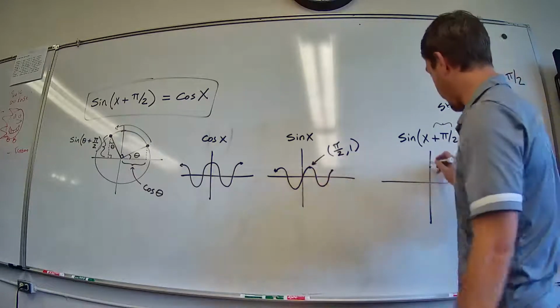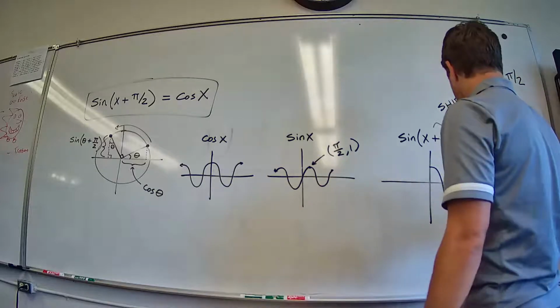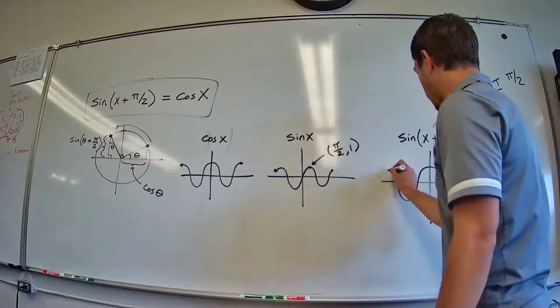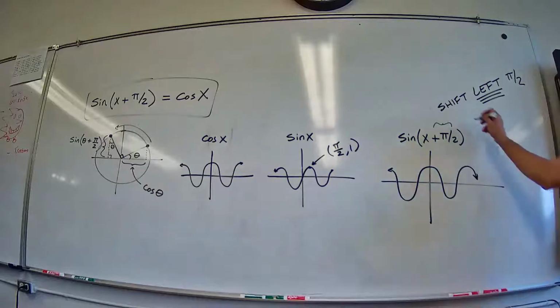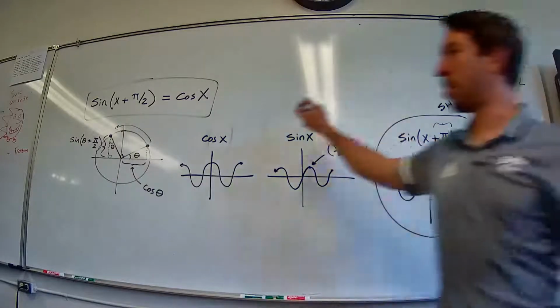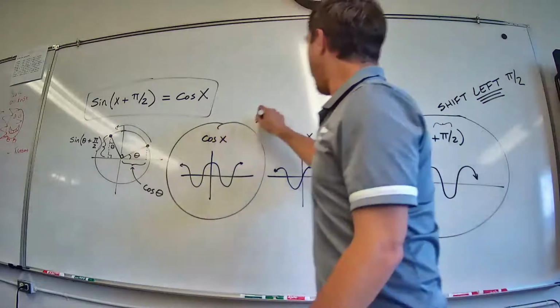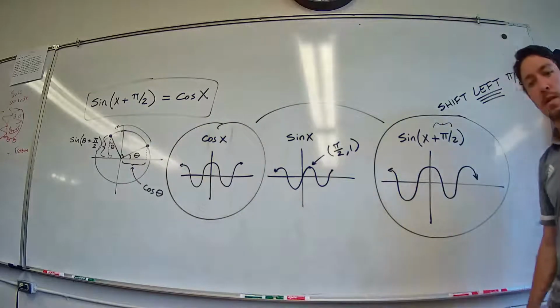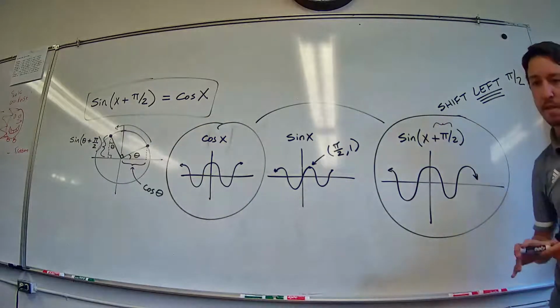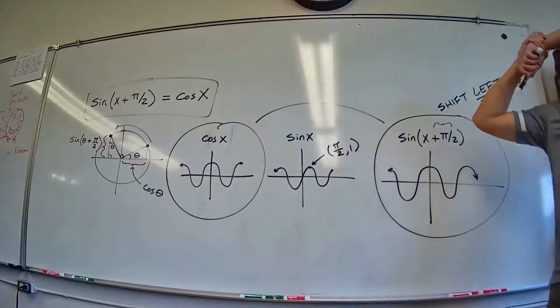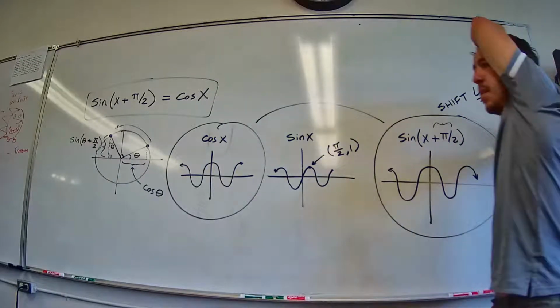On the y-axis, right? And so then lo and behold, this graph would be identical to this graph. Okay, how do we feel about that?